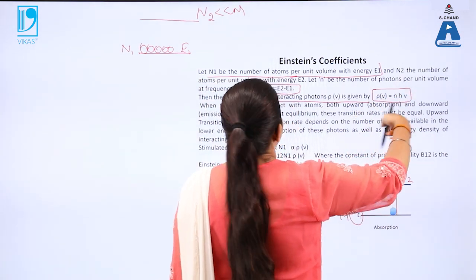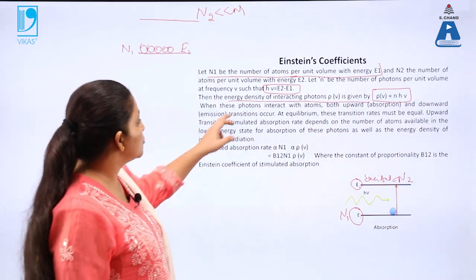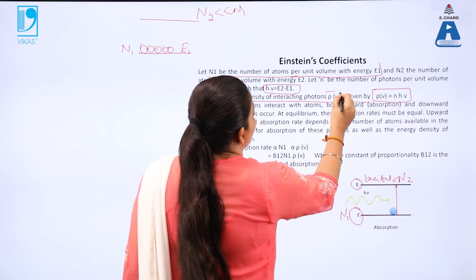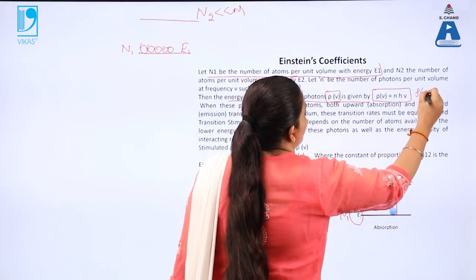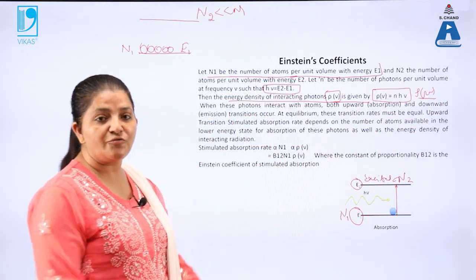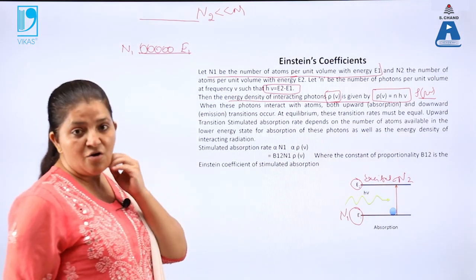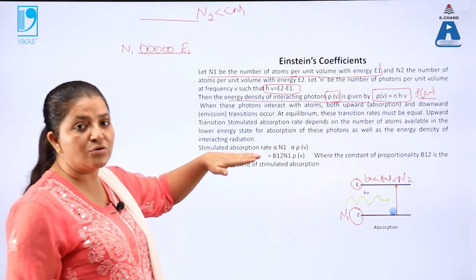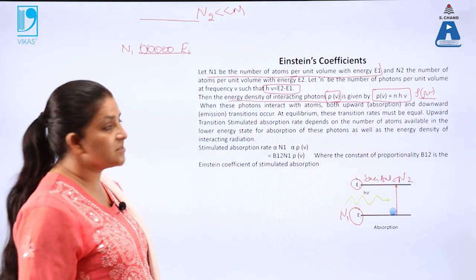This is the energy density for the photons interacting here, rho nu. Automatically this depends upon the frequency, so it is a function of nu, which equals N h nu, required for the movement of N atoms from the ground state to the excited state.